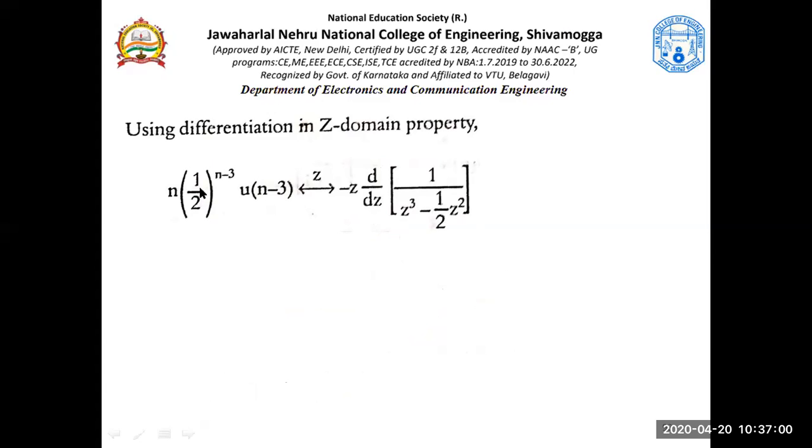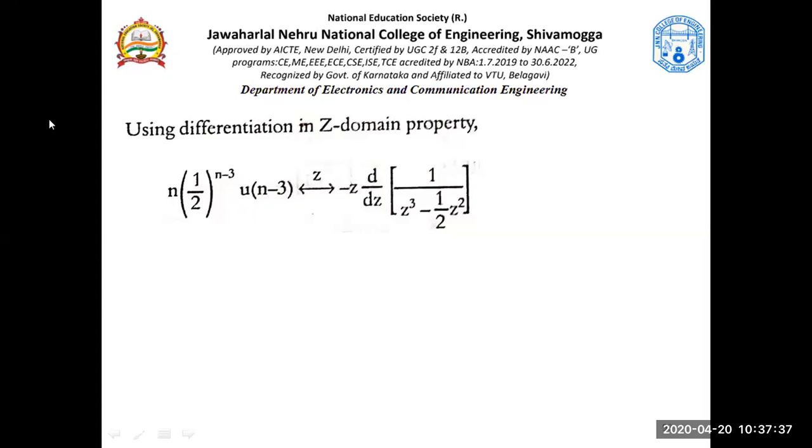So the Z transform of this needs to be differentiated with respect to Z, and a minus Z needs to be multiplied to it. Get that point? I didn't write the differentiation property in its general form; this is being done directly. Since n is brought, by the differentiation in Z domain property it is minus Z d by dz of what we had previously. So n introduced is minus Z into d by dz, you can say.